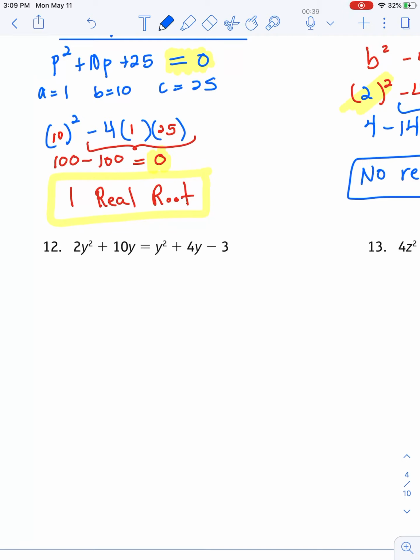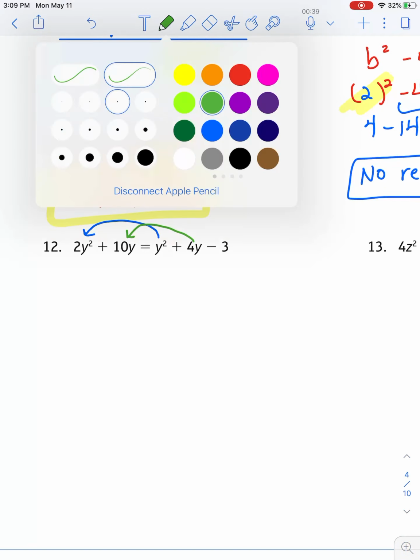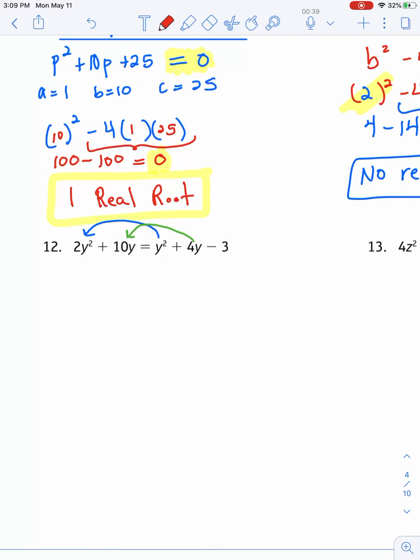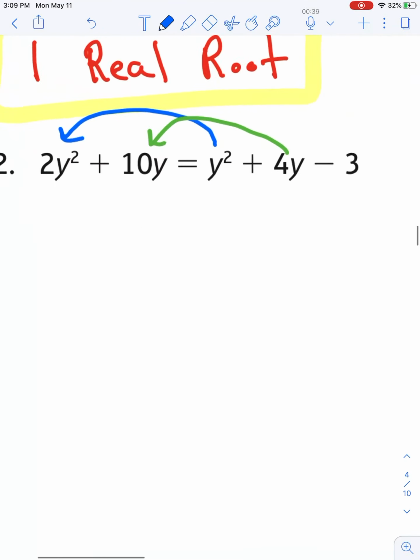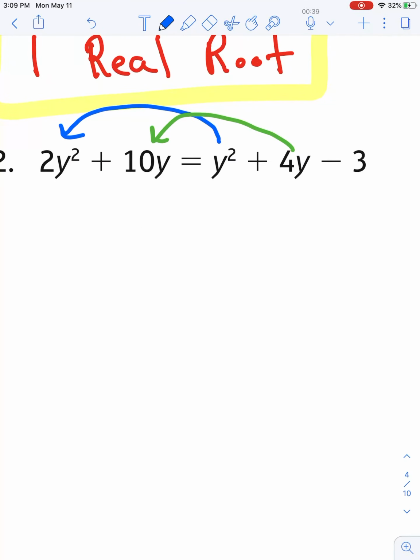Let's see here. So again, I need to isolate everything. So there's that term, there's this term, and then there's no constant. So we'll go ahead and start by combining like terms, but I have to use my algebraic properties. So I'm going to subtract y squared, and what I do to one side, I do to the other.